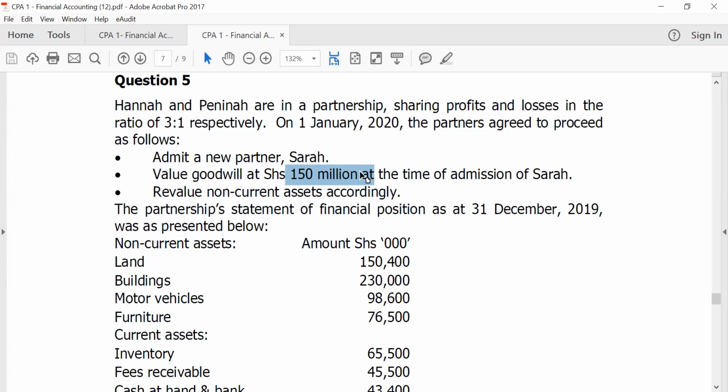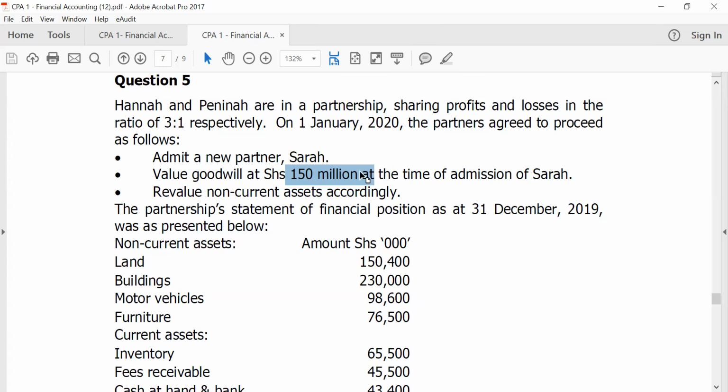In this case, if they had credited the capital account, to remove it from the capital account, you now debit your capital account. You get it? As you credit your capital account, you debit your goodwill account. Okay. You get it, so?